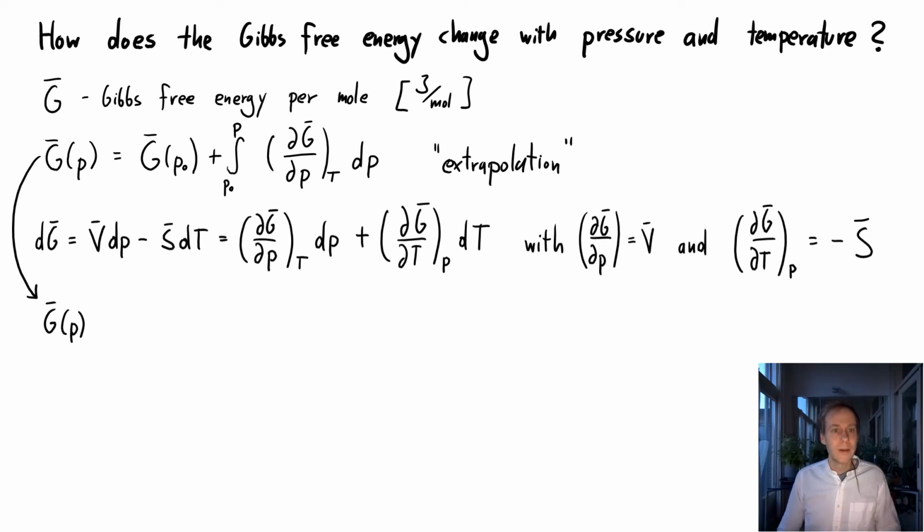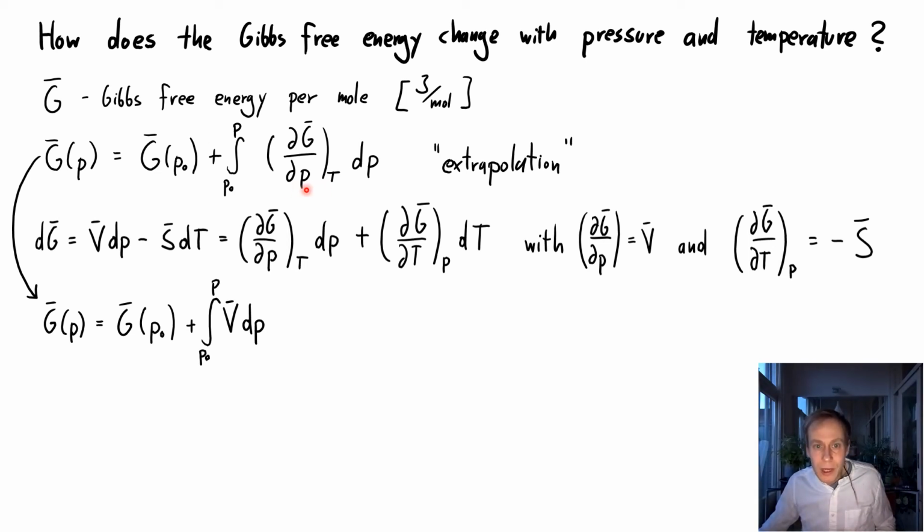Okay, and then we can rewrite this extrapolation to obtain the Gibbs free energy at a specific pressure simply by, again, the reference Gibbs free energy plus the molar volume times dP. So we found out that the partial derivative of the Gibbs free energy with respect to the pressure simply corresponds to the molar volume.